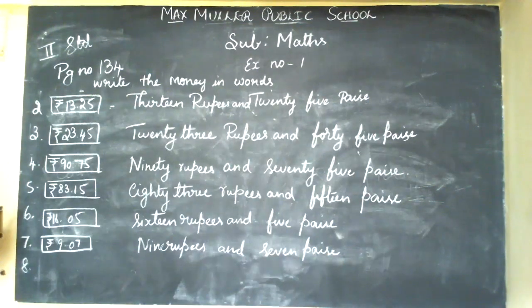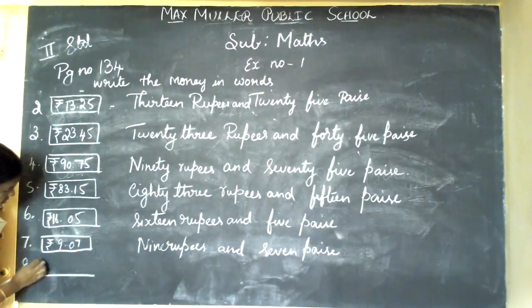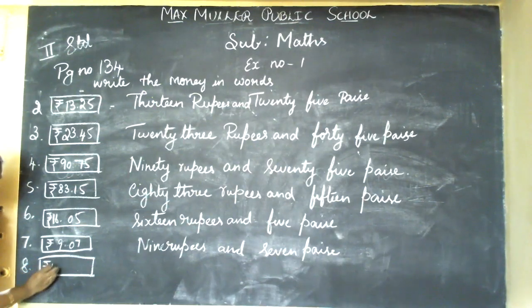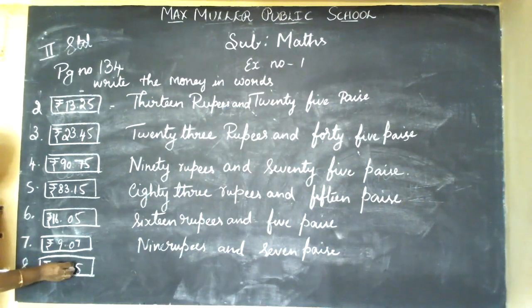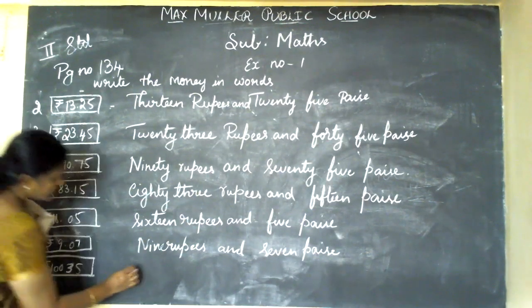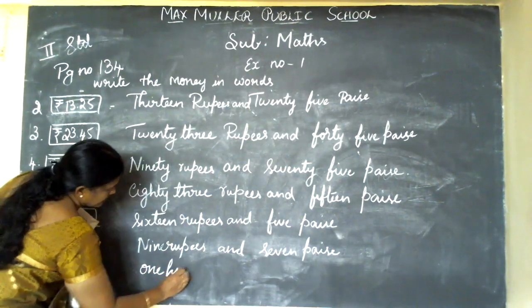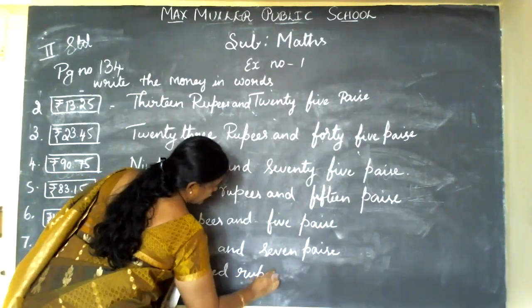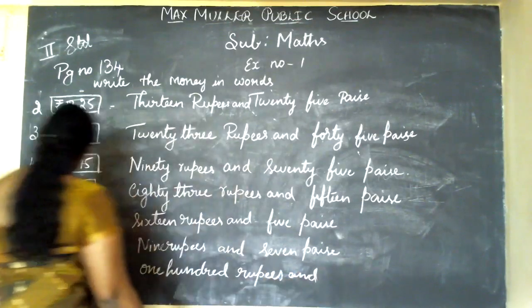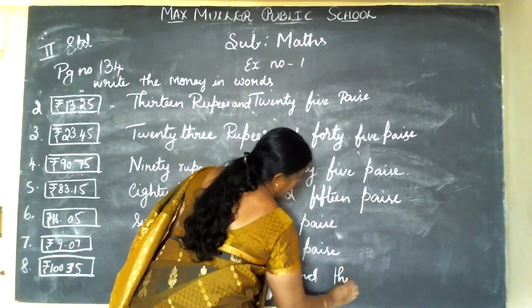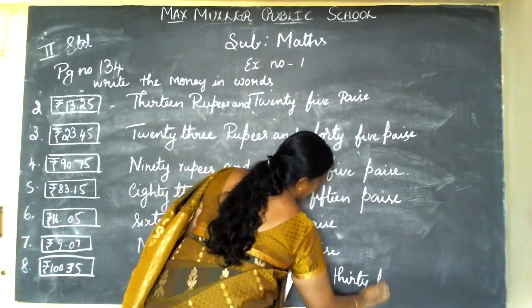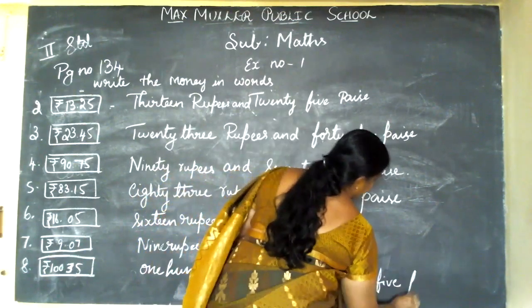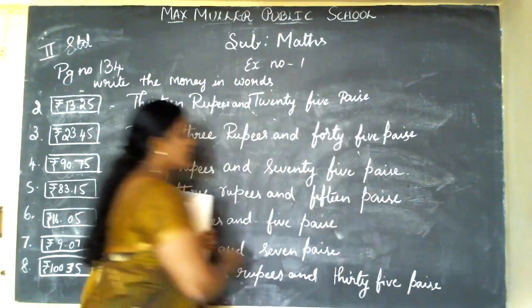Eighth one. Sorry, children, that is 35. 100 rupees and 35 paisa.